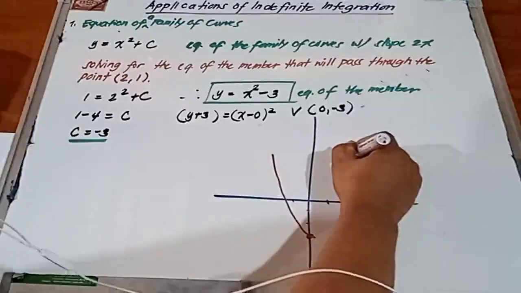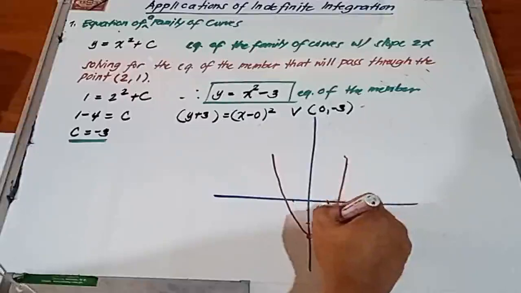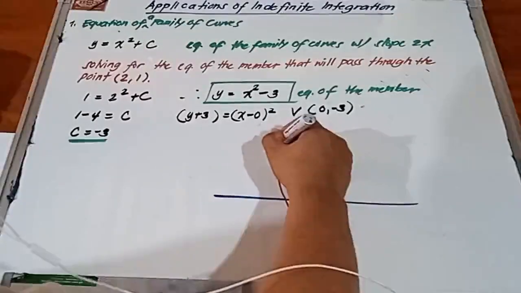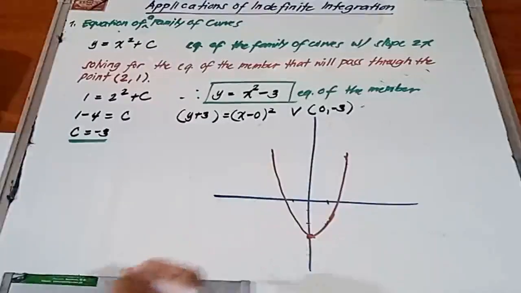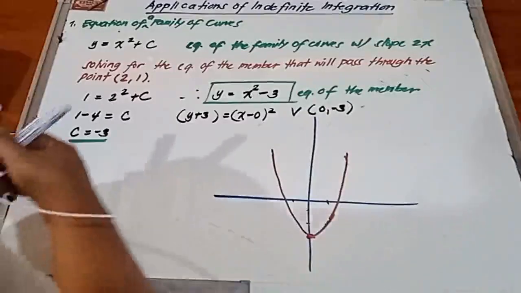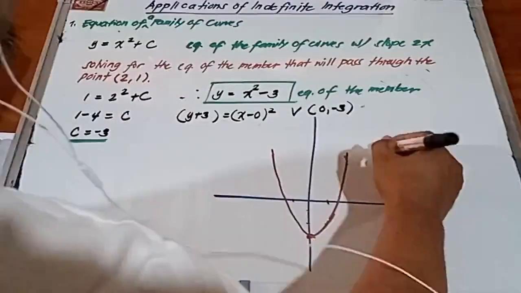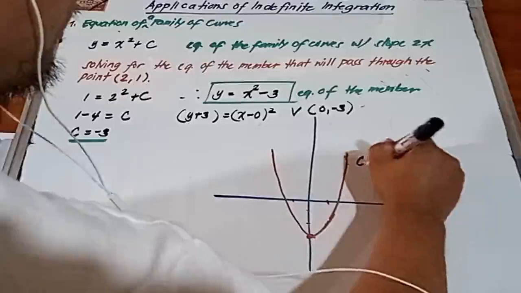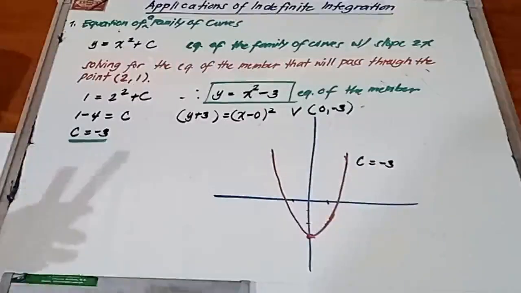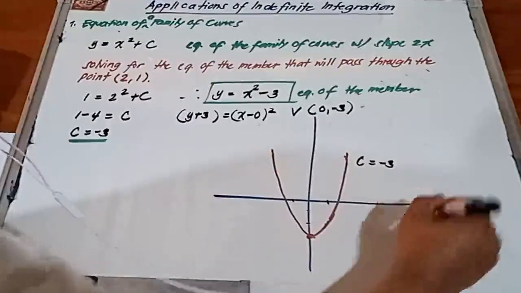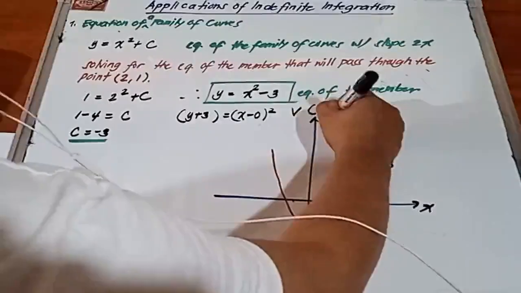So, tatama dito. Okay? Ito yung equation ng isang member ng family of curves, so, ito ay if c equal to negative 3. Okay? Yung ating x-axis, ito yung ating y.